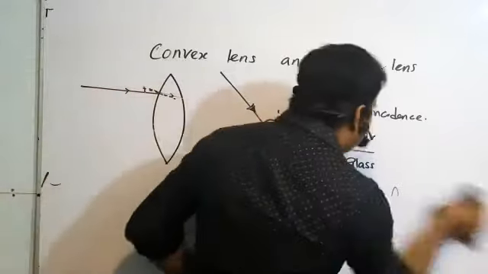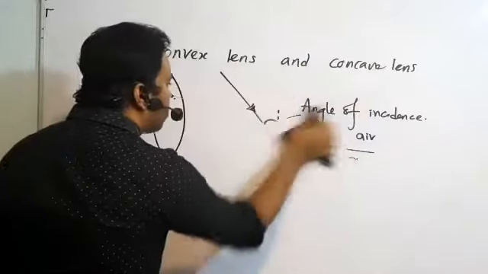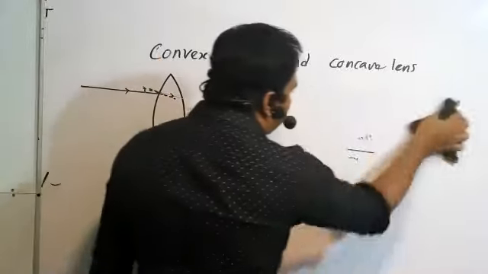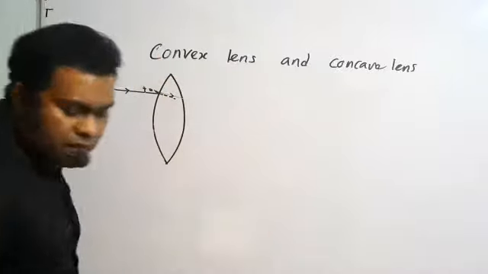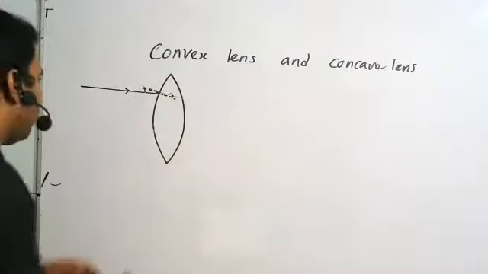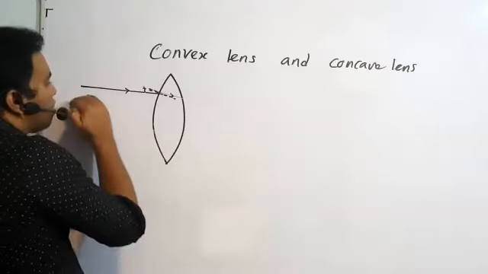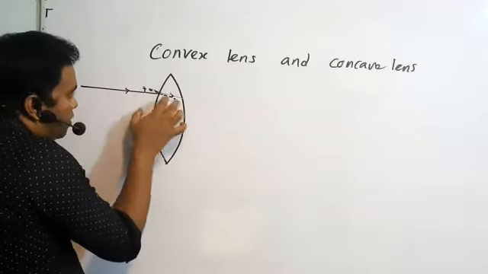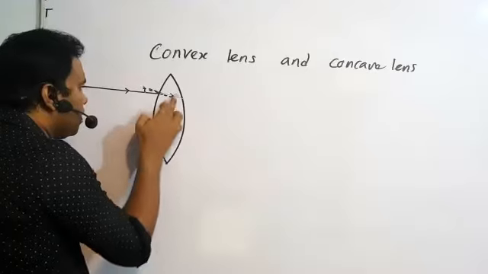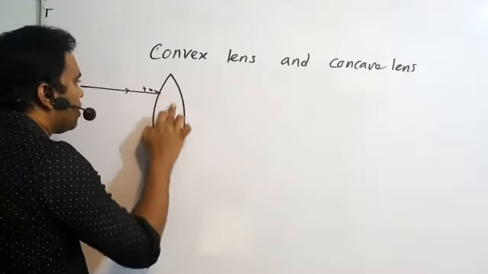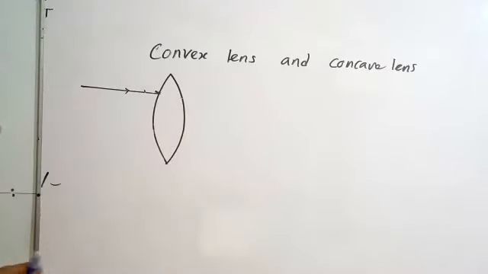Now, what I wanted you to explain is the phenomenon that happens in a lens. A lens is made up of transparent material. When a light ray comes from one transparent medium to another transparent medium, the same refraction process happens here.